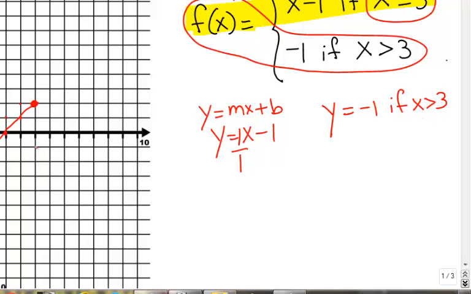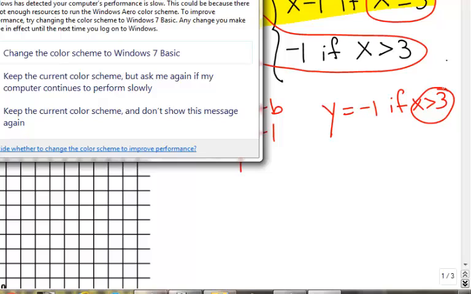So we're looking at this line right here, and it'll continue, but it's not equal to, because it's greater than 3. Okay, now, is that graph a function? Does it pass the vertical line test? Yes, because this one's an open circle, this one's a solid point. So if I did a vertical line test, it's only going to intersect one point all the way through.